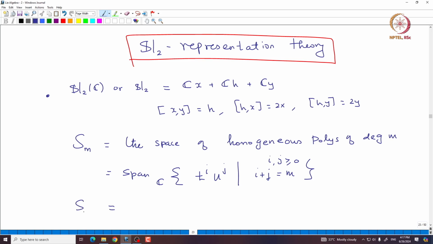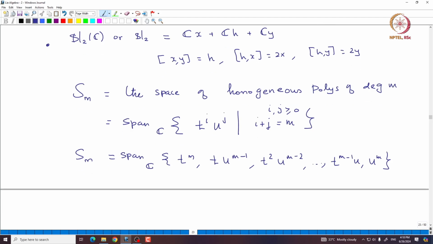So, if you want to write it very explicitly, this is spanned by u power m, t u power m minus 1, t square u power m minus 2 and so on, up to t power m minus 1 u and t power m. Okay. Any sum of these monomials will be a homogeneous polynomial of degree m, and the space of homogeneous polynomials of degree m is given by this. Now you can easily calculate the dimension.